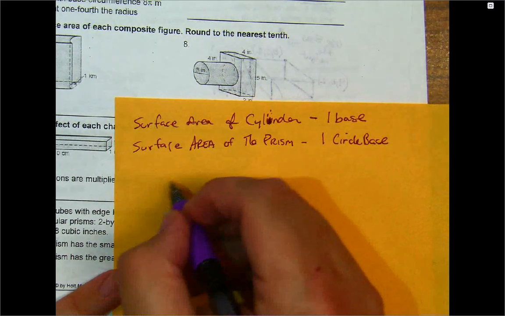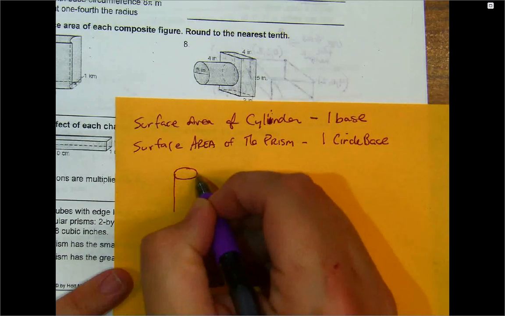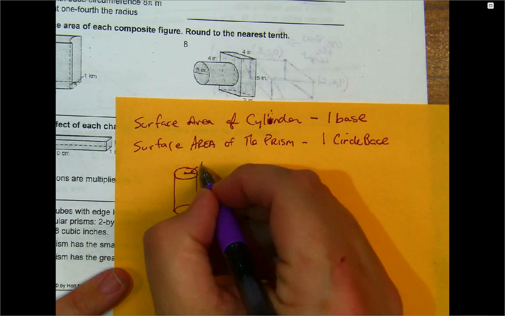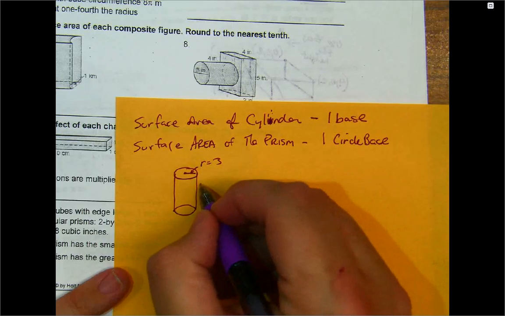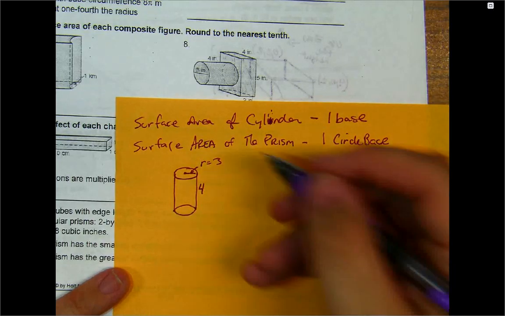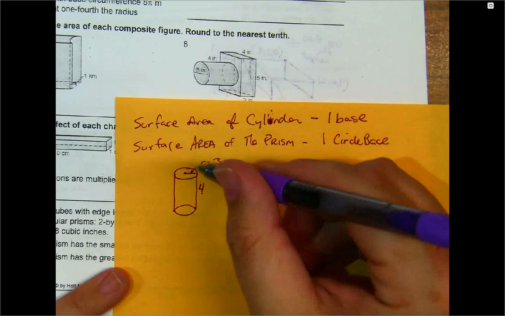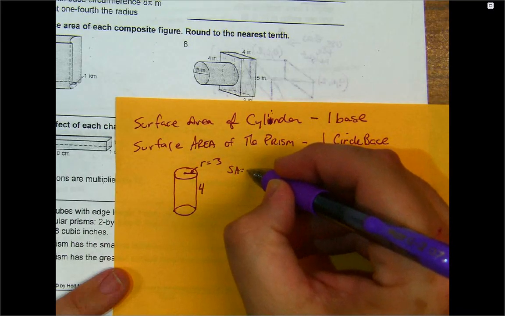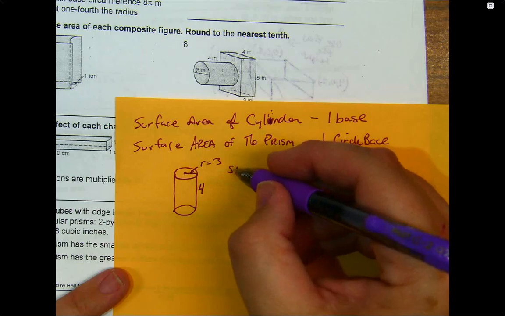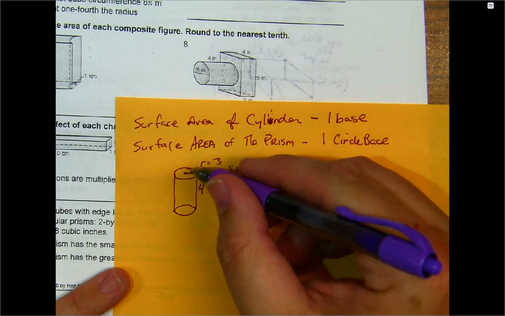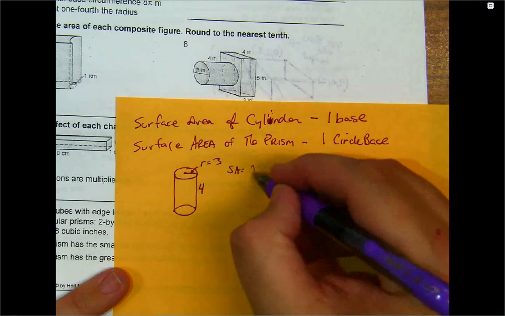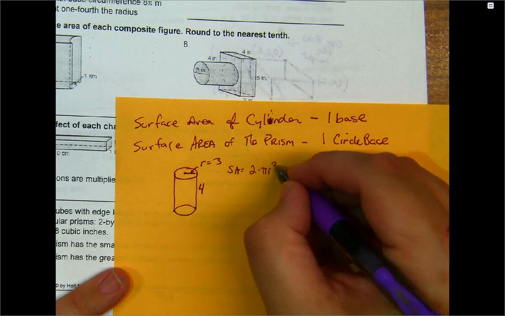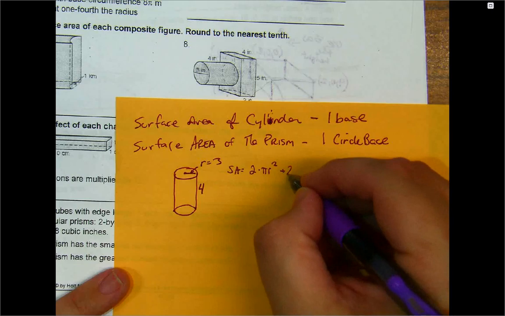The cylinder has a radius of 3, a height of 4. So the surface area is 2 times the area of the base, 2 pi r squared, plus 2 pi r h.